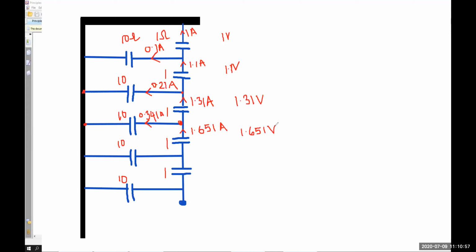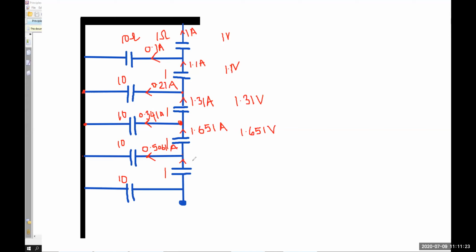Okay. So how much volt will you have here? 1.651 volt, right? What is the voltage now? This plus this plus this plus this, 5.061, right? So your current should be 0.5061 ampere. So how much current will you have here?